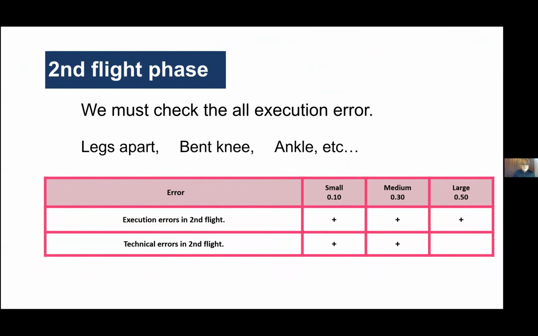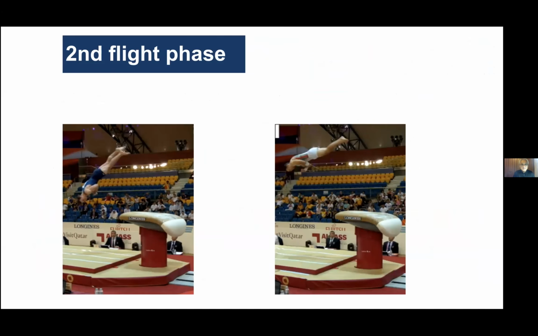About second flight, also we must check all the execution errors, legs apart, bent knees, and ankle. Second flight phase, left picture, maybe a little bit legs apart. And right one, loose ankle.